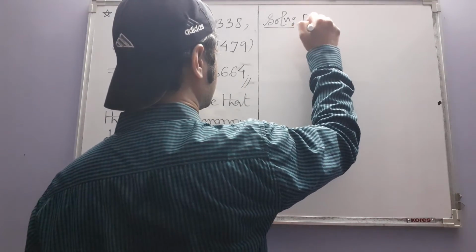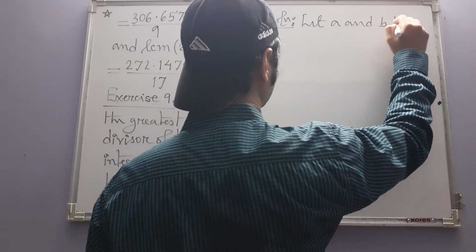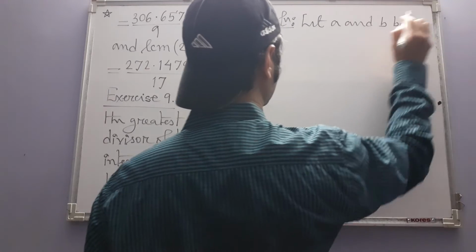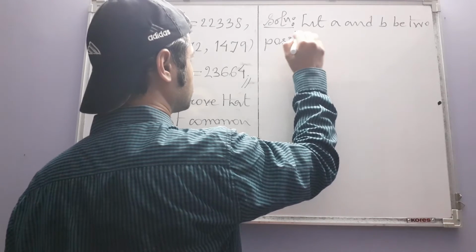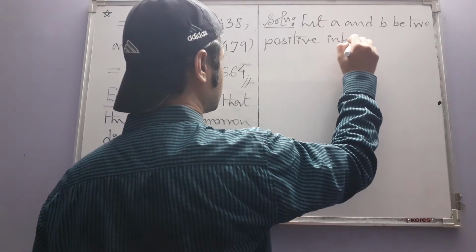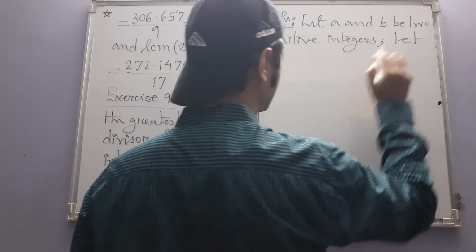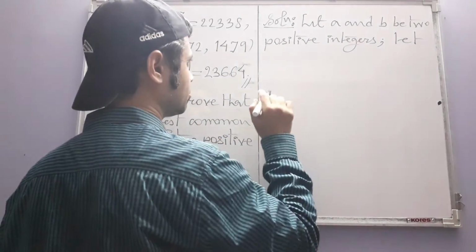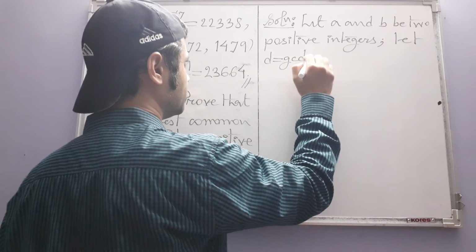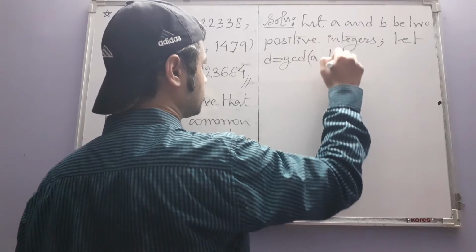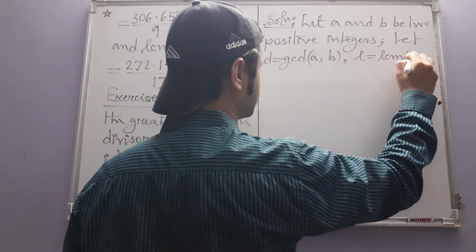Solution. Let A and B be two positive integers. And let, for ease of notation, D denote the GCD of them and L denote their LCM.